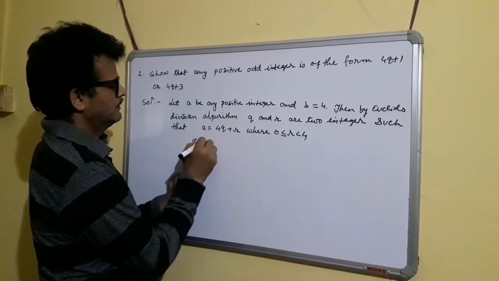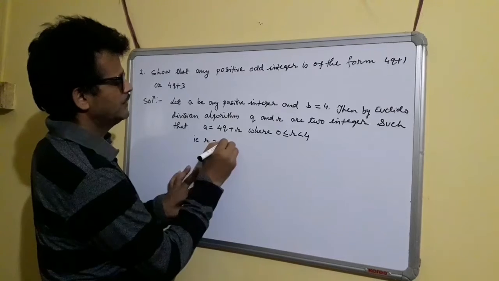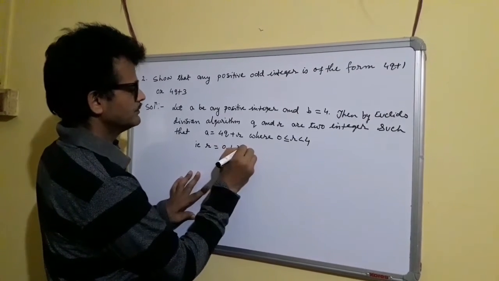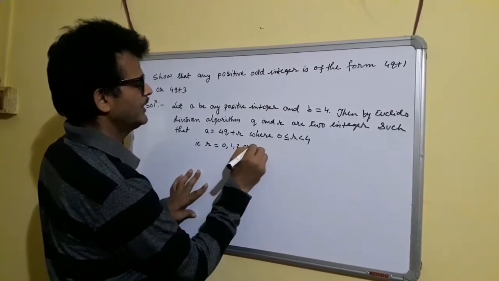So what are the values of r? r is equal to 0, 1, 2 or 3.